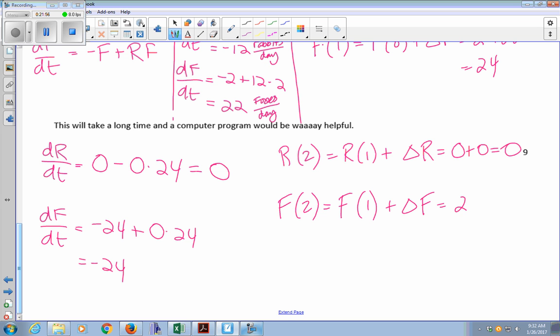So that's 22 minus 24, which is negative 2, which doesn't make any sense because the model doesn't know that this is modeling rabbits and foxes, right? Good. 24 minus 24. I now have 0 foxes. So within 2 days, both populations are wiped out.